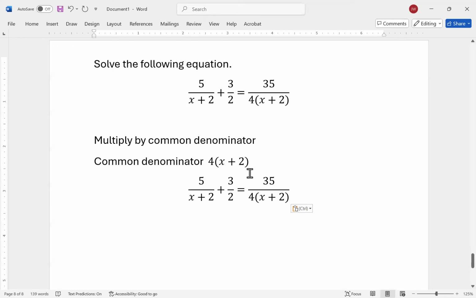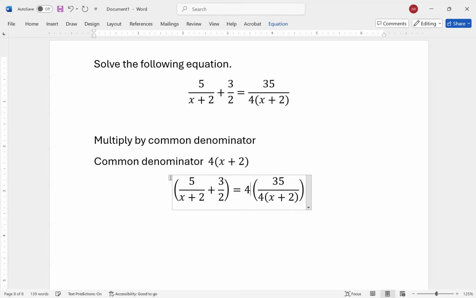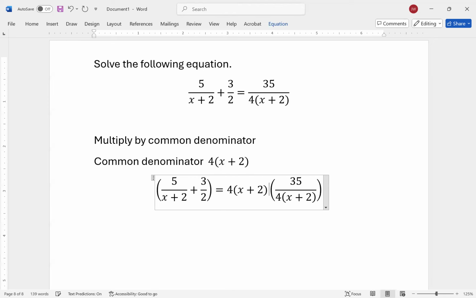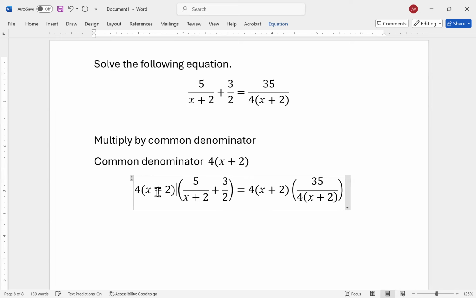So now what I do is I take my equation and both on the right and the left-hand side, I multiply by that common denominator of 4 times x plus 2. So I write 4 times the quantity x plus 2, 4 times the quantity x plus 2.